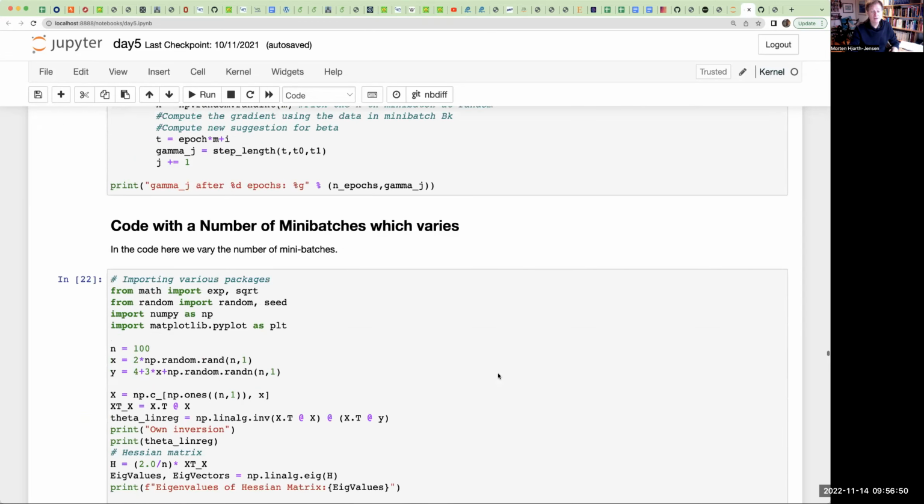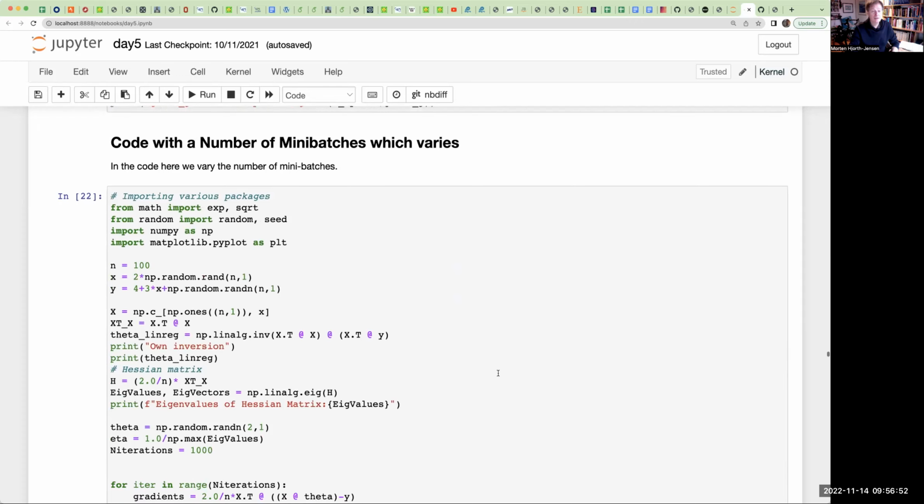So next week, we are going to look at a code with a number of mini batches which varies. We're going to look at momentum gradient descent and momentum stochastic gradient descent. And we are going to look at the algorithms for adaptive gradient, root mean square propagation, and the adaptive gradient with momentum.